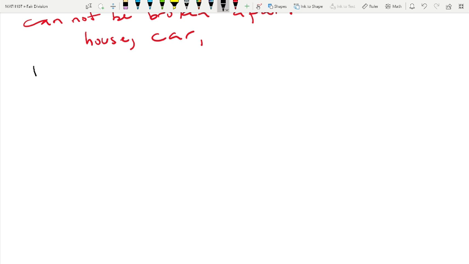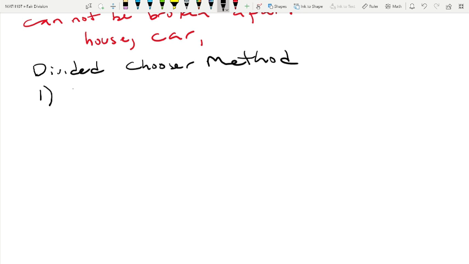The first method is the divider chooser method. In this method, you have the divider.